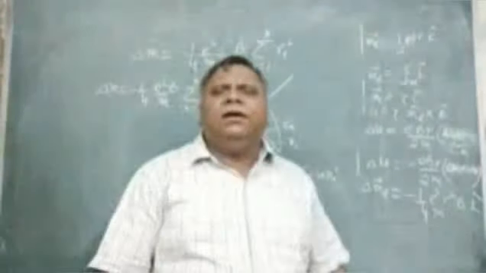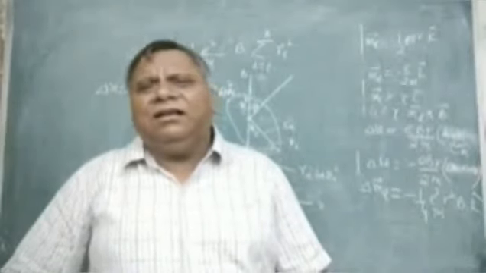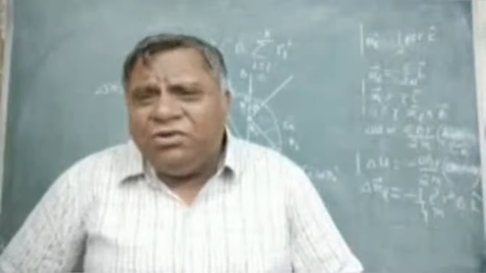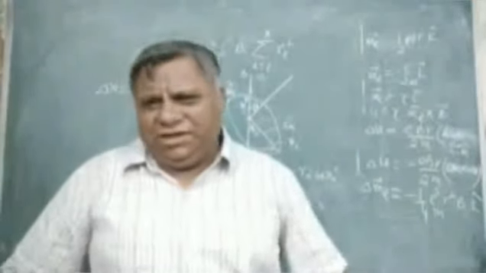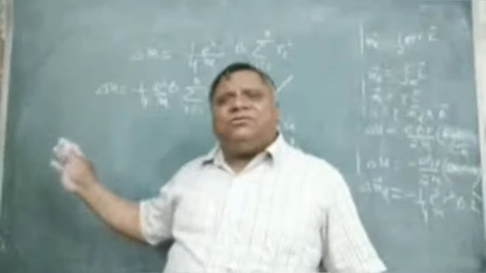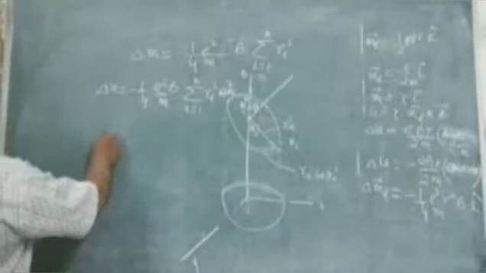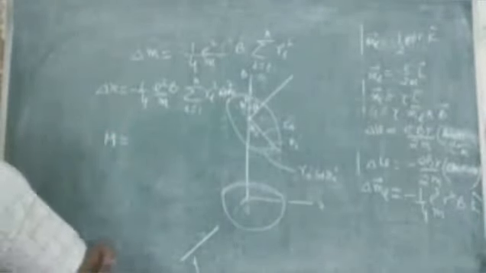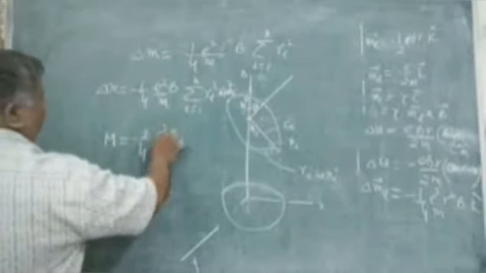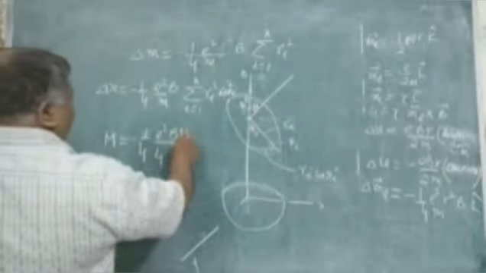Suppose a specimen of material consists of atoms or molecules and the volume is unity. Then this M corresponds to the magnetization vector, for N atoms.